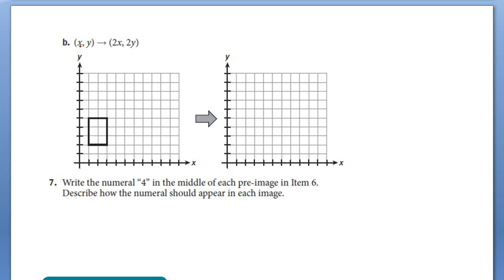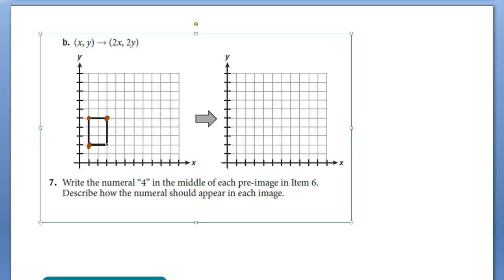Question B. Let's take points (x, y) and transform them using this formula: double the x and double the y. Let's do this by, again, moving the 4 corners. Those are the easiest ones to move and then redraw the shape. So this dot is at (1, 2), and we want to double the x and double the y. That will become (2, 4). This dot here is at (3, 2). Let's double the x and double the y.